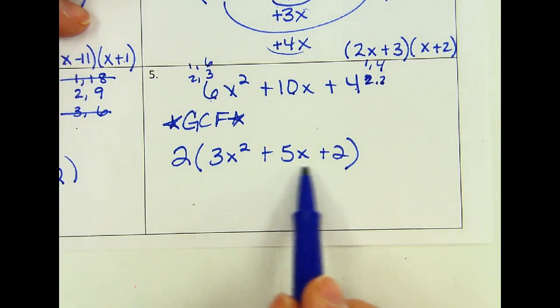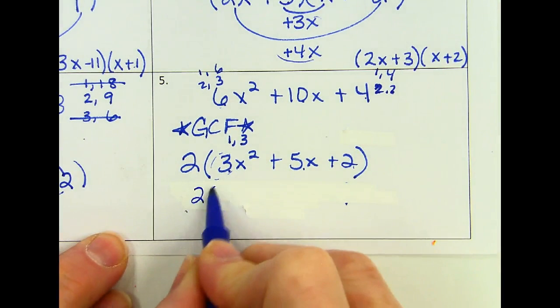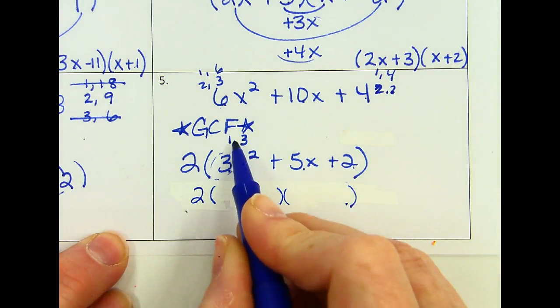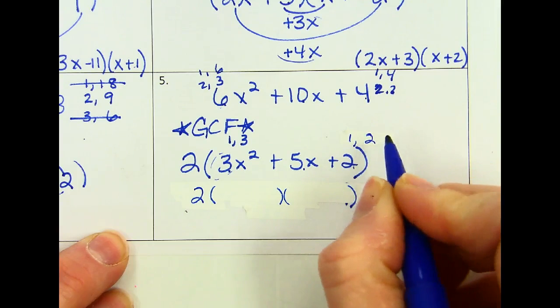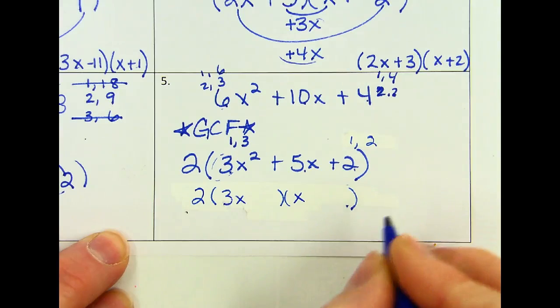And now look at what you have left. Okay, so now we can go ahead and say 2 times the binomials. And if you look at what you have left, you do have the 1, 3, and you have a 1, 2 left. So let's just go ahead and see if we can guess and check our way.